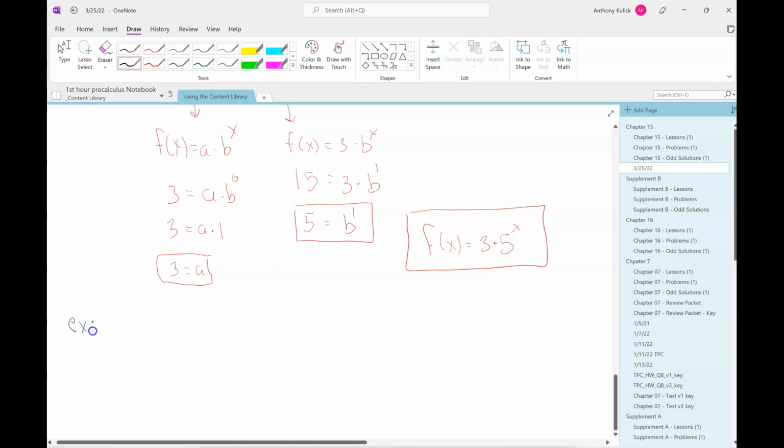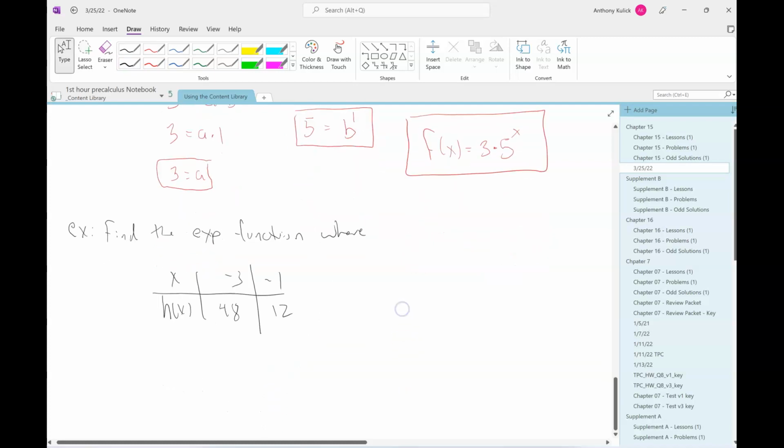Another example is, let's say we give you just 2 points and neither one of them have the x-coordinate 0.